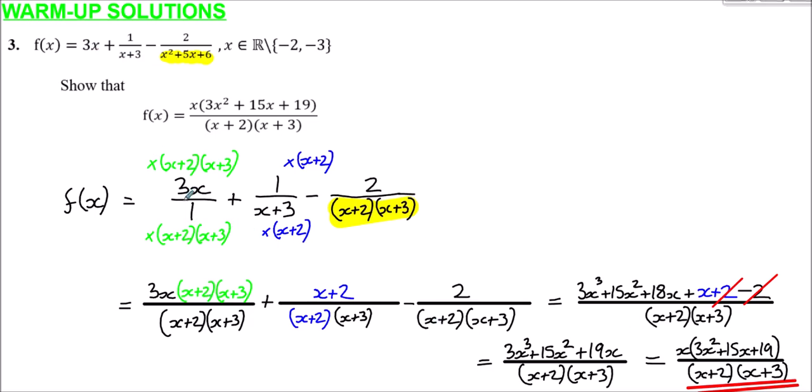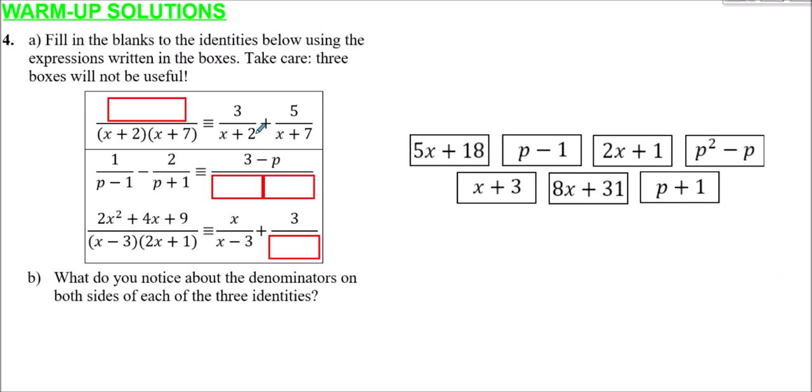For example, these denominators here, and compare them to the denominator found in the single fraction. You should be seeing now that they actually do repeat, and this is going to be forming the main concept of today's lesson.